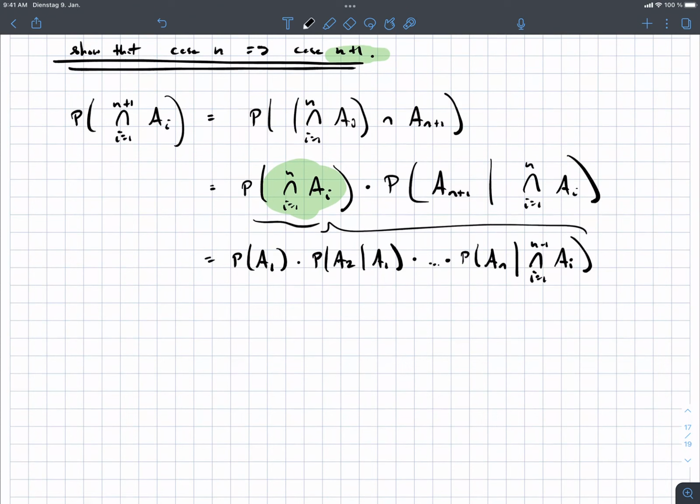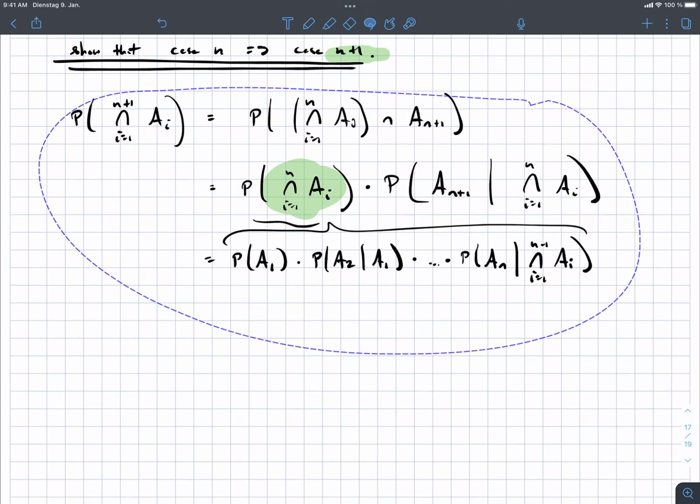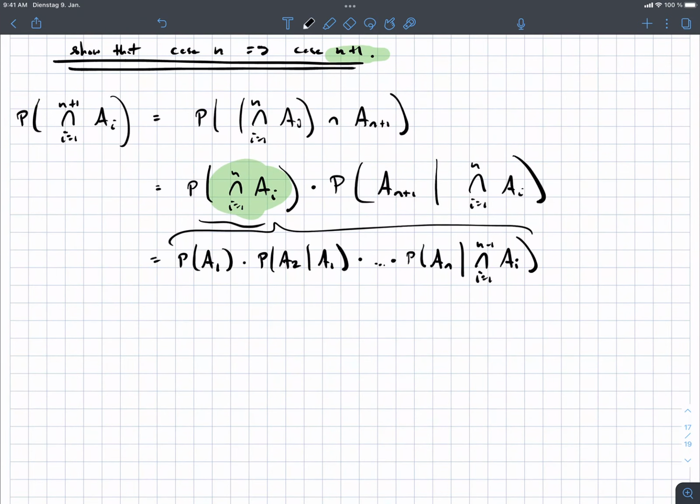Okay, so that's this, and then I've got coming here the probability of an plus 1 given the intersection of these i from 1 to n coming from here. And so this is the n plus 1 case. So we are done with the proof.